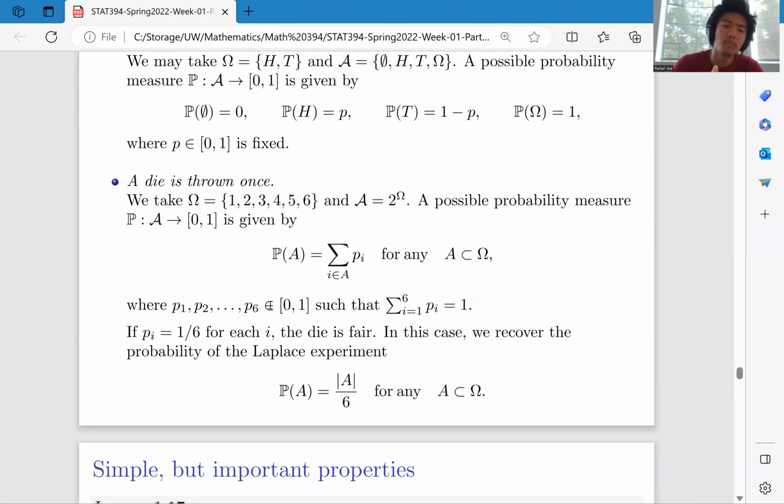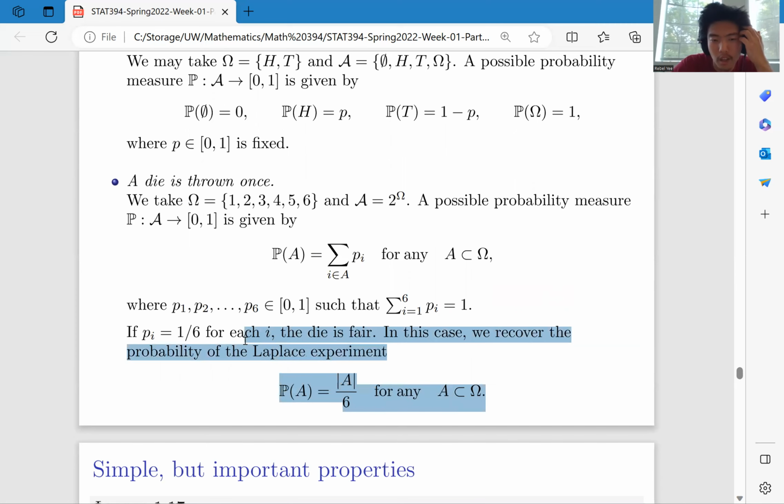But if we imagine in another case that the die is fair, so the probability for each case to happen is 1/6, we can deal with this with our familiar Laplace experiment again. So the probability that A happens is the cardinality of A over the cardinality of omega, which is 6. That's in the case that the die is fair.